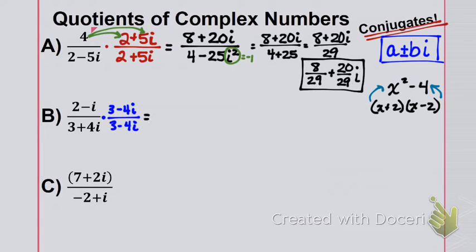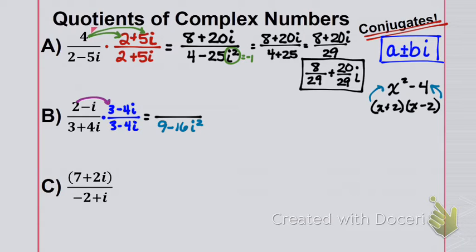My denominator is the easy part here. What will the denominator look like? 9 minus 16i squared. For the numerator, I'm going to have to use double distribution, because now I don't just have a 4 that's being distributed. I have to double distribute, just like with a binomial.